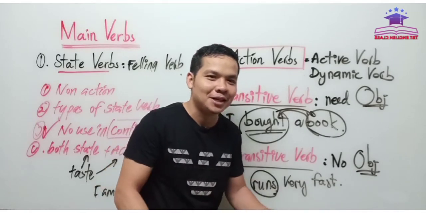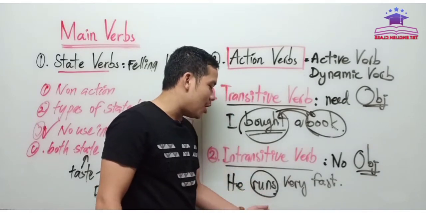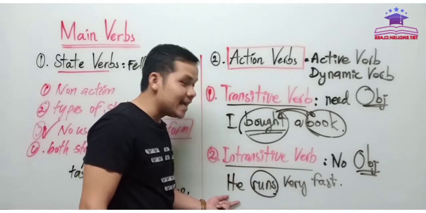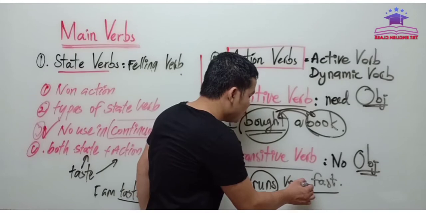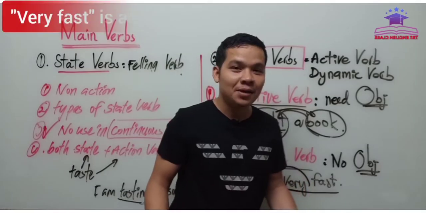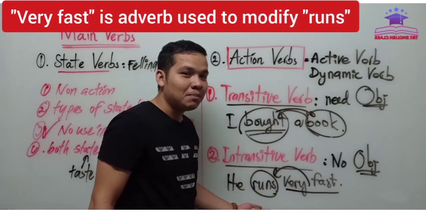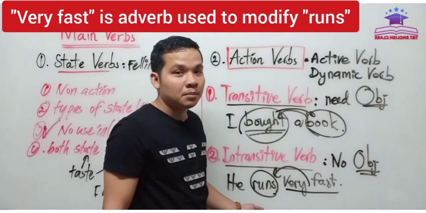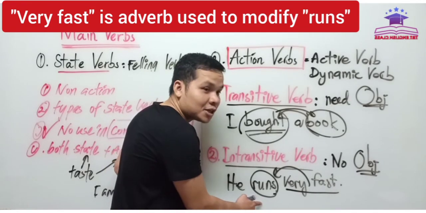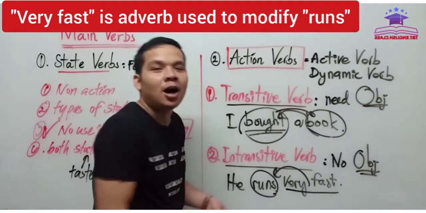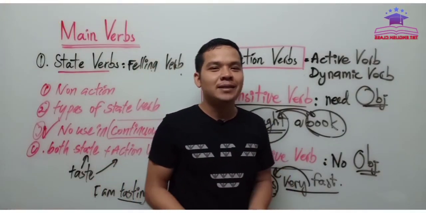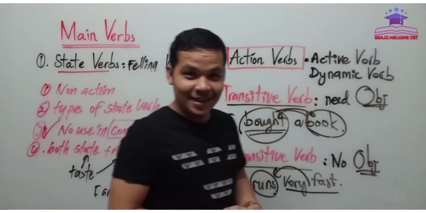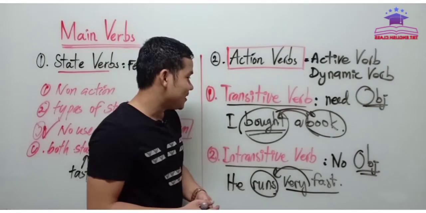We don't need an object to support this sentence. No need. We just use only an adverb to modify run. How does he run? So run is the action verb and called intransitive verb, because this action verb doesn't need an object. So the verb that doesn't need an object we call intransitive verb. Is it easy? Okay. Yes.